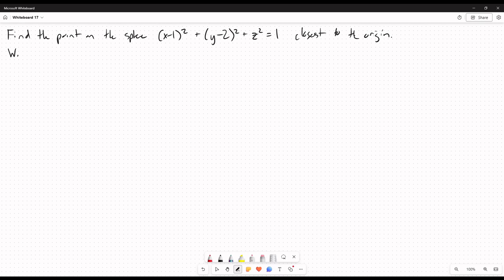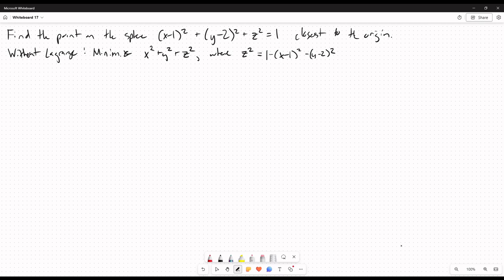Without Lagrange multipliers, what I might do is I'd try to minimize x squared plus y squared plus z squared, where z squared, using this equation up here, equals 1 minus (x minus 1) squared minus (y minus 2) squared.